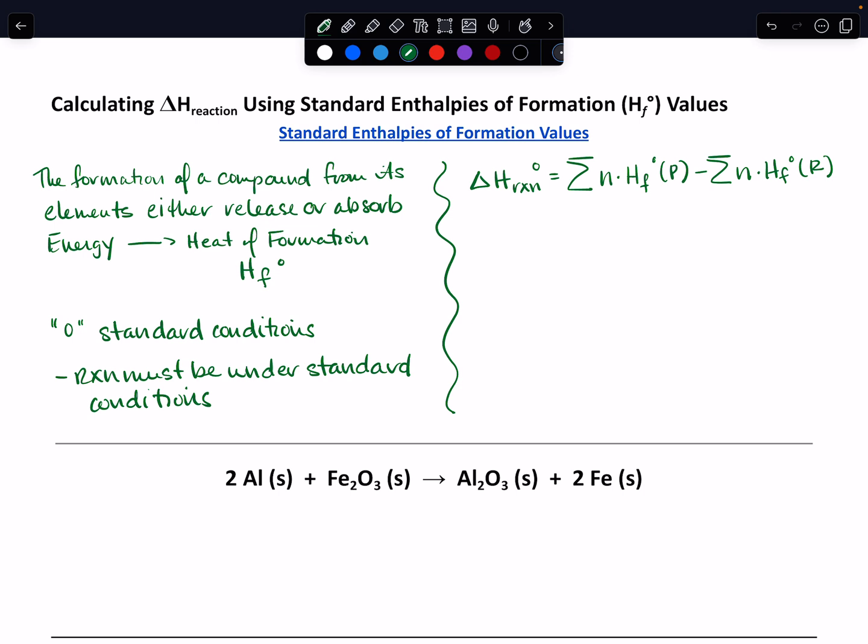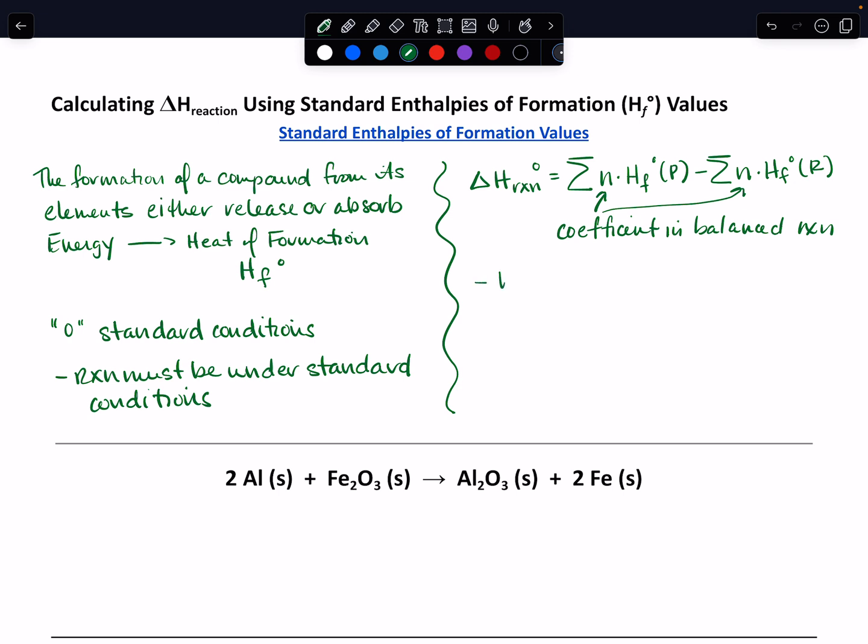The n is if there is a coefficient in that balanced reaction. Let's say that we have 2 water molecules in the liquid state. So we need to multiply the heat of formation times 2 for that one.